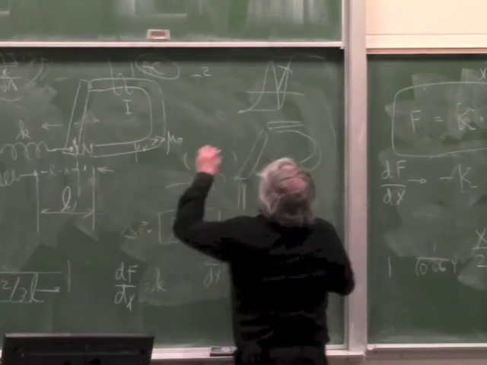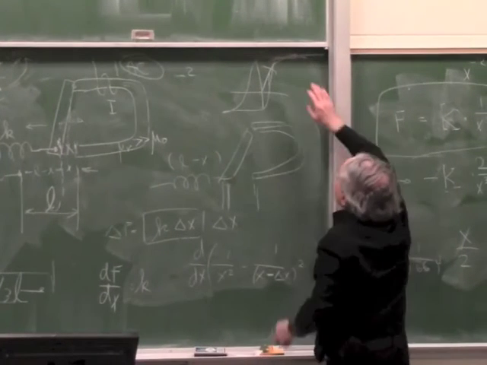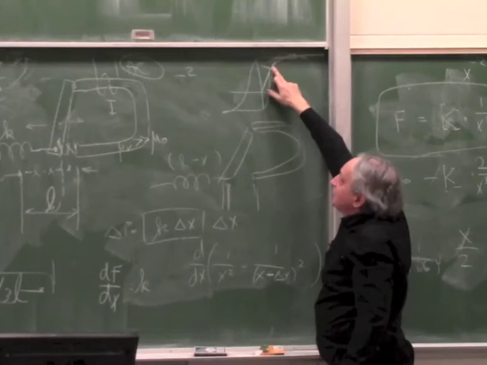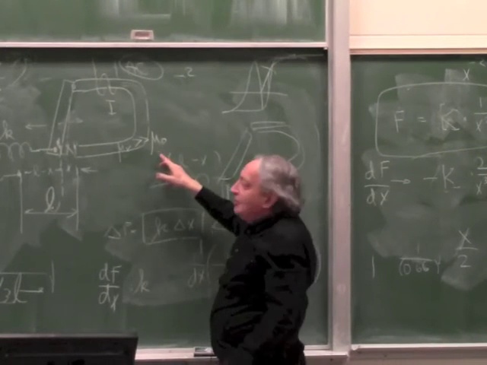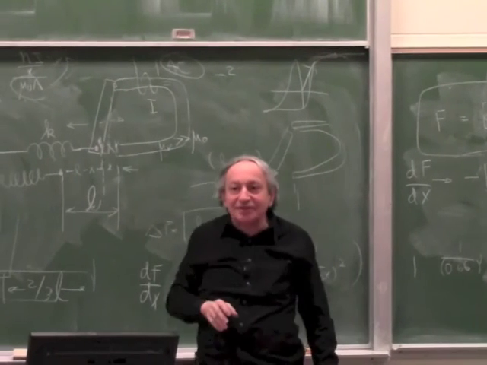But the moment you approach saturation, as I mentioned before, when it's saturated, mu r equals mu 0. But even before saturation, mu r is not much bigger than mu 0, so we cannot ignore the reluctance of the steel, so this whole derivation is incorrect.